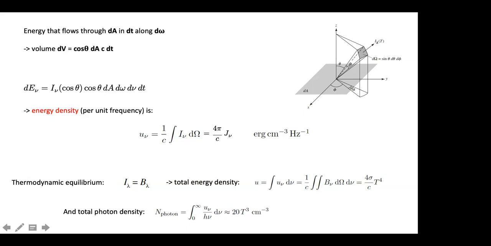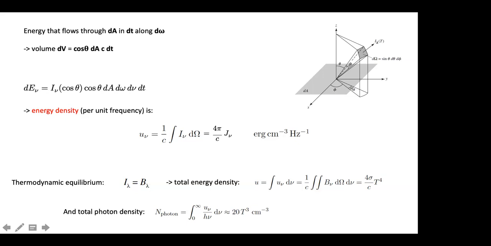If you take a very small area, dA, and you consider a time dt, the energy that crosses this area, and you can consider the volume that this energy occupies after the dt.